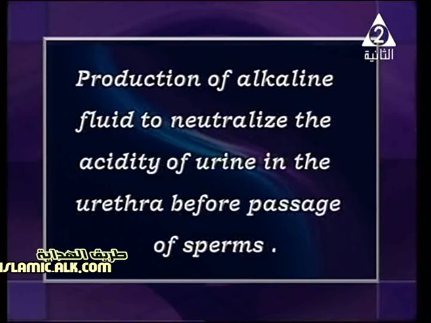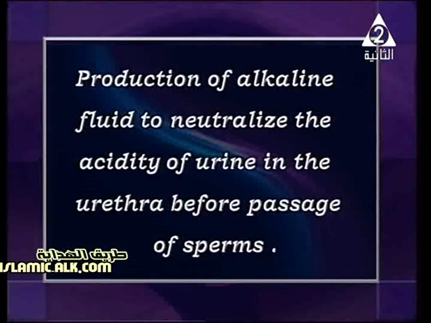And also production of an alkaline or basic fluid to neutralize the acidity of the urine in the urethra before the passing of sperms. Let me explain it. What does neutralize mean? Actually, the sperms and urine both pass through the same tube, the urinogenital tube.